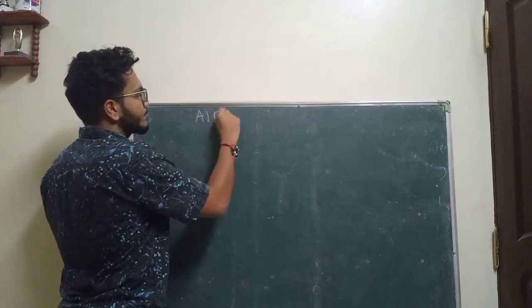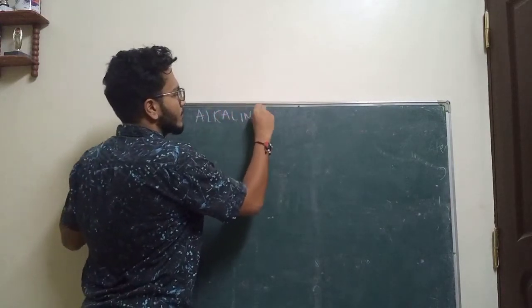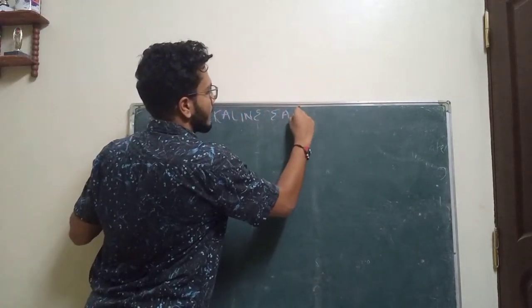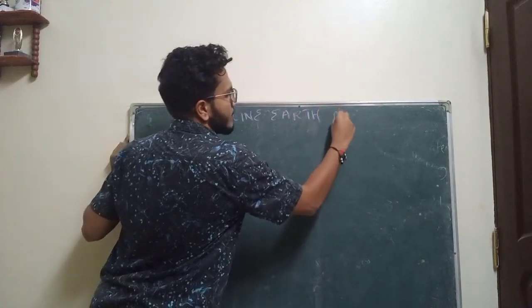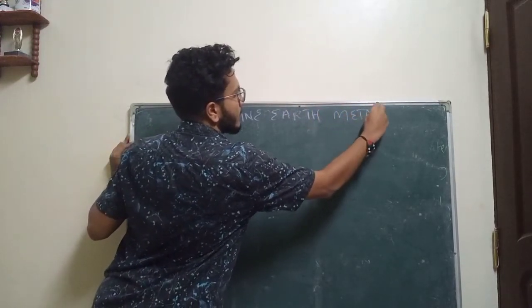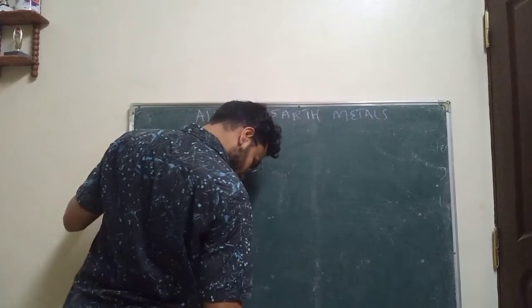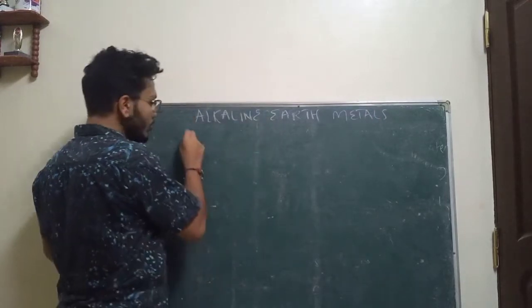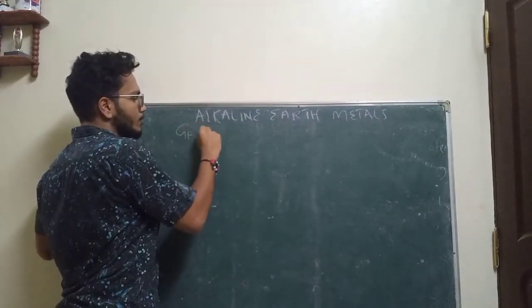Alkaline earth metals. These are group 2 elements.